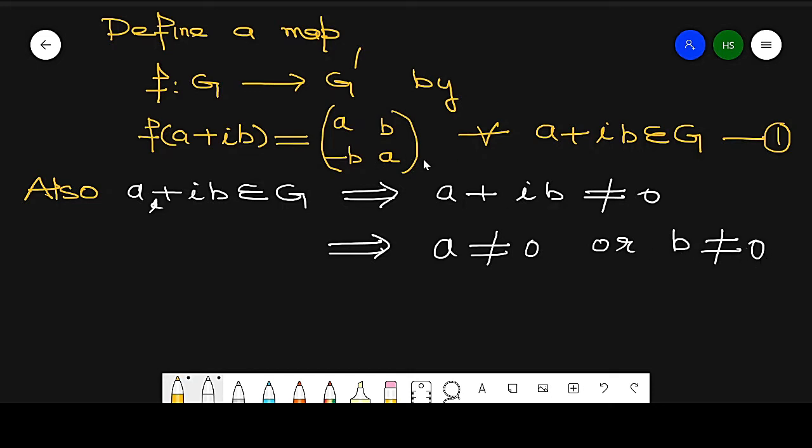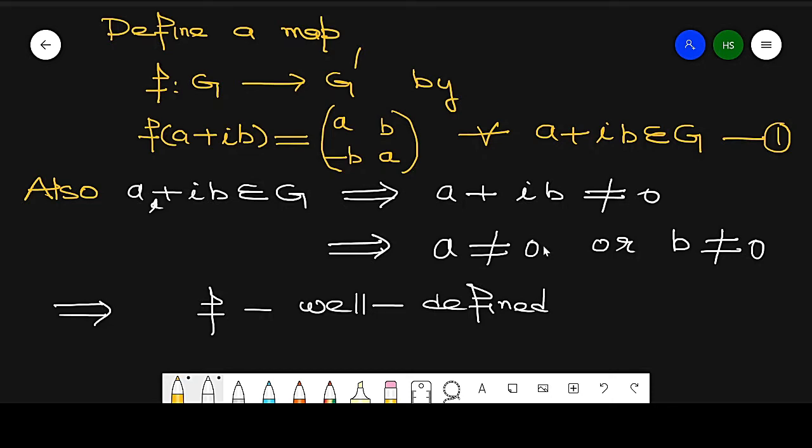So it satisfies its condition. So clearly it means our mapping is well defined. Why is it well defined? Because it satisfies the property of both groups. Here A and B both not equal to 0, that is satisfied.